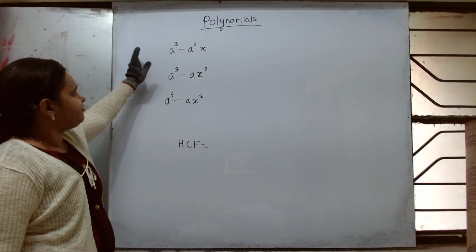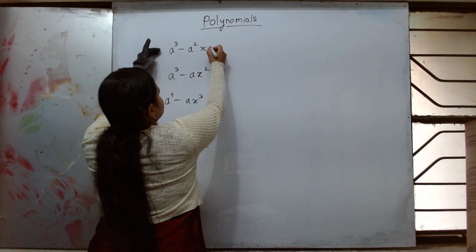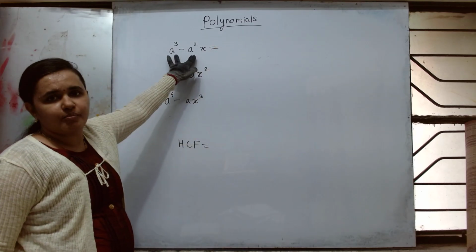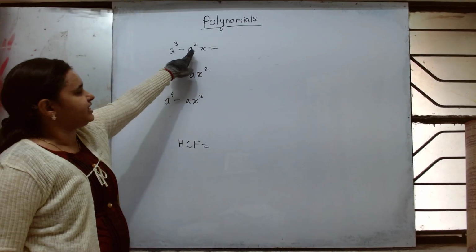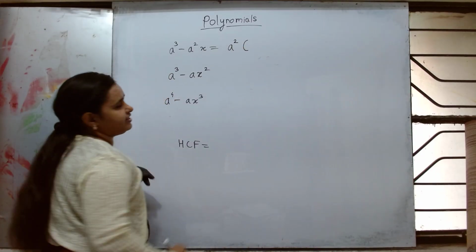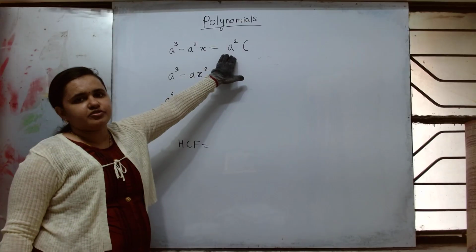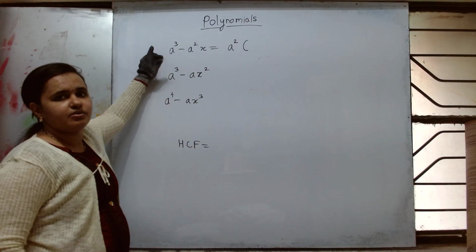Again we will find the factors of these three. So in the first, we can take a square common because the smaller exponent is 2. If we take a square common, what will remain in the bracket? Here it is a cube, so with a square taken common, 1 a remains.